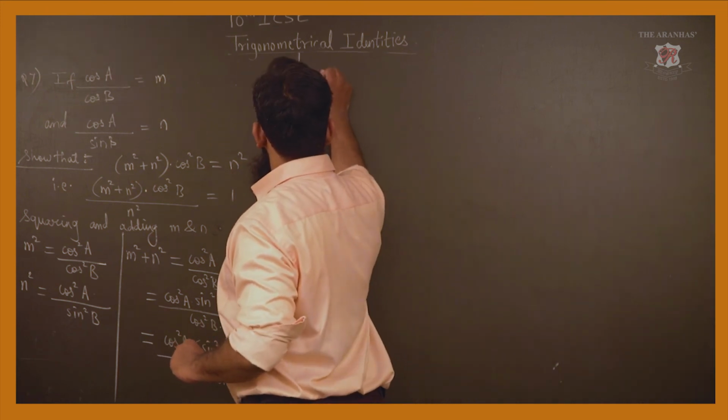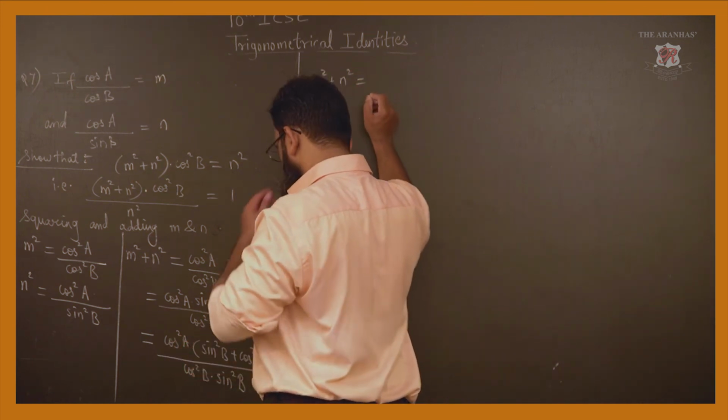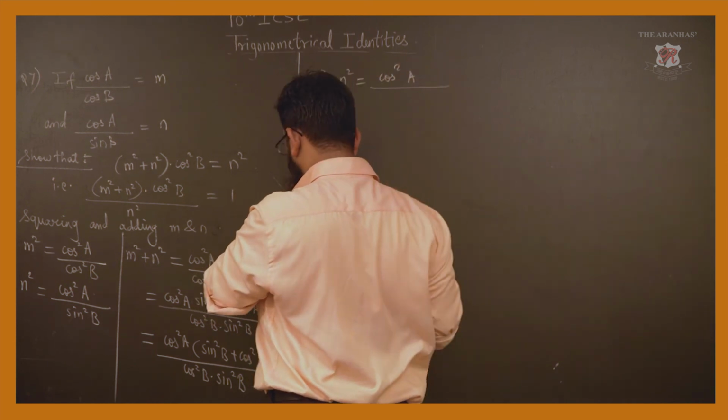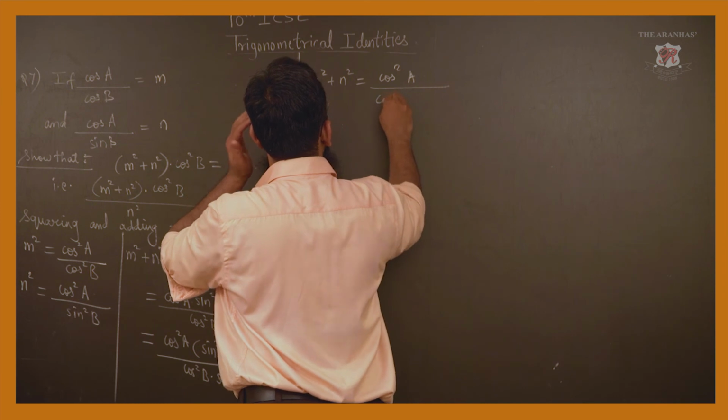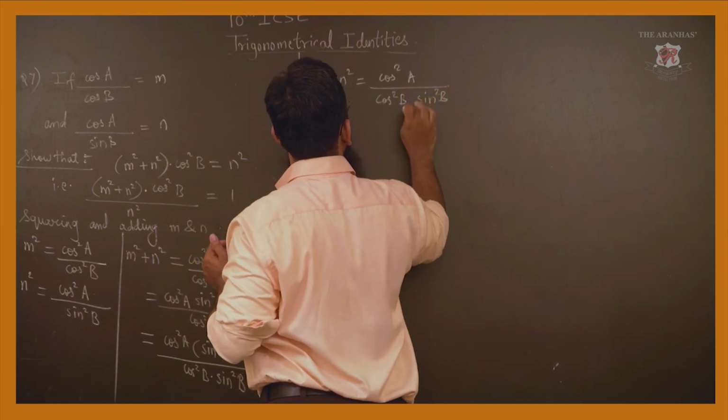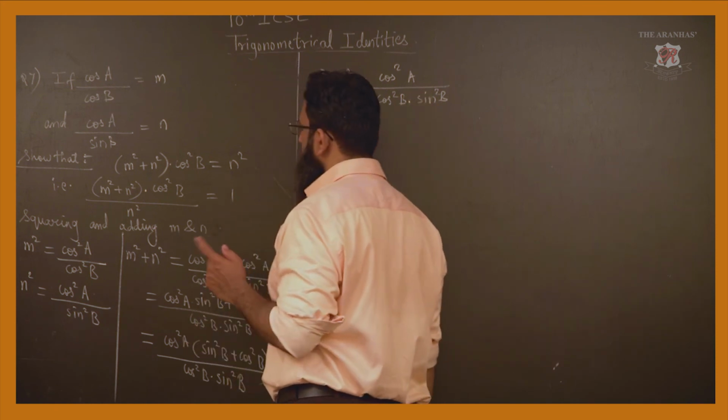So my final m square plus n square comes out to be cos square A upon cos square B into sin square B.